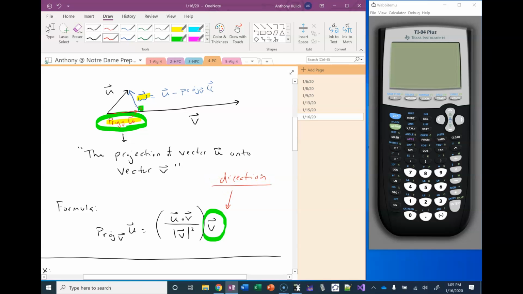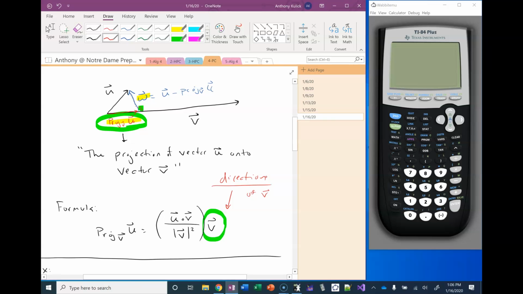That's really the only part of this that we need. The magnitude of v, strictly speaking, doesn't really matter to us because the result of this projection is just going to get longer or shorter, but it's always going to be in the direction of v, right?